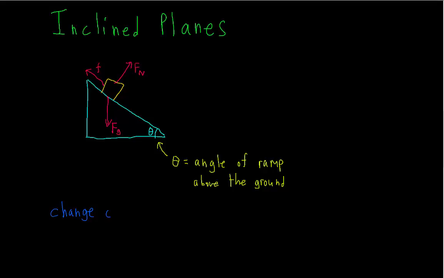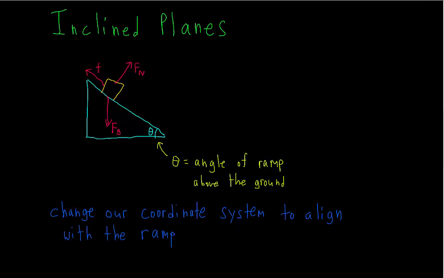In order to analyze this situation, we're going to need to carefully choose a reference frame, in other words, a coordinate system. Usually when we just have an object moving on flat ground, we use a coordinate system with the x-axis being the ground and the y-axis pointing straight up. That's just the default, you don't even really think about it when you do a problem.